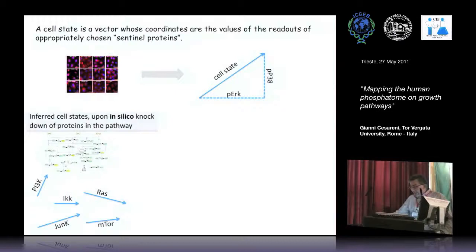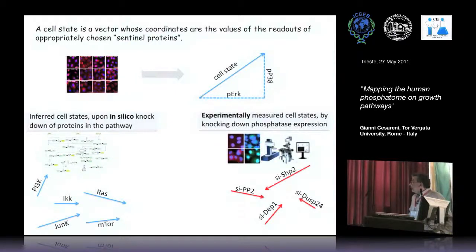If I instead do an in silico experiment in which I inactivate IKK, I get a different result, and so forth. But then we also have our screening, in which we have the 7 measurements for the cell state after inactivation of the phosphatase. Now my interest is to understand, for this DEP1 phosphatase, which node of this model it is interfering with.